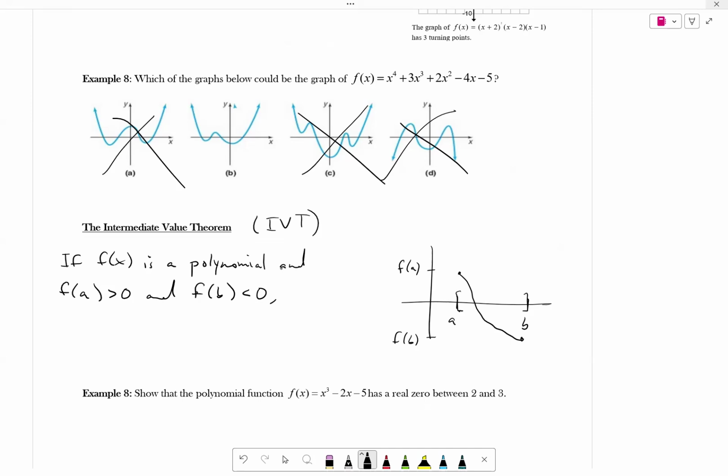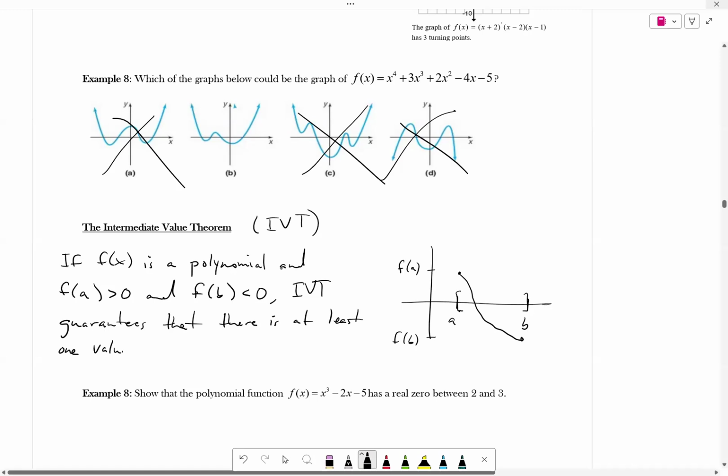So if f of x is a polynomial, and f of a is greater than 0, and f of b is less than 0, IVT guarantees that there is at least one value c in this interval such that f of c equals 0.